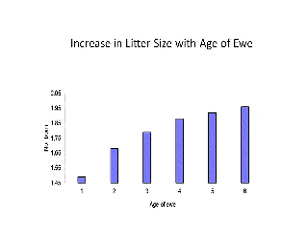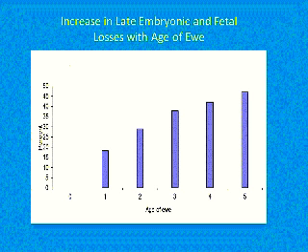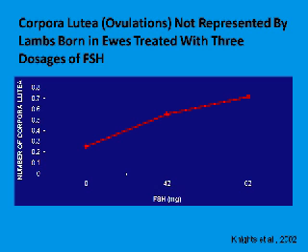Up to age 6, they're still increasing in the litter size that they're actually dropping. But if we look at the data for the counts of embryos on those ewes, and look then at the losses, we see that as they get older, they also lose more. So the embryonic and fetal losses are also greater in the older ewes. That kind of surprised us. We thought maybe they would do a better job than the young ones.